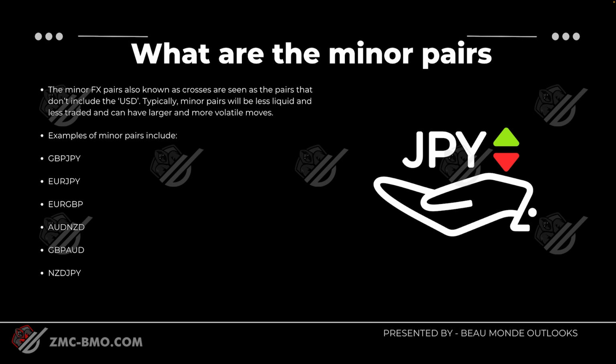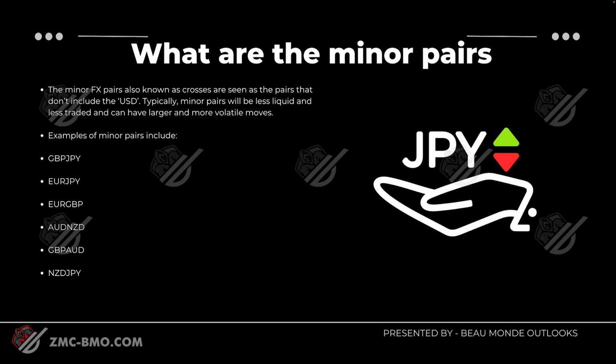If you're trading more minor pairs, you tend to see larger spreads because it's slightly more risky to trade them. And if you trade pairs like GBP/AUD, GBP/JPY or EUR/JPY, you're more likely to get slipped out. That doesn't mean you're not going to trade them. There's still opportunity there. Just know that there's a slightly higher probability of you getting slipped out.